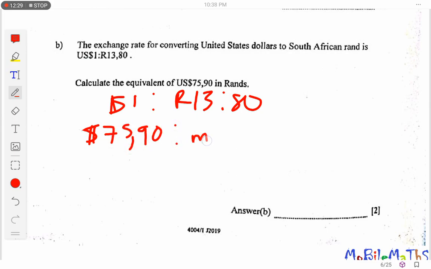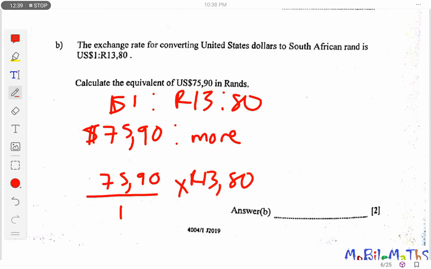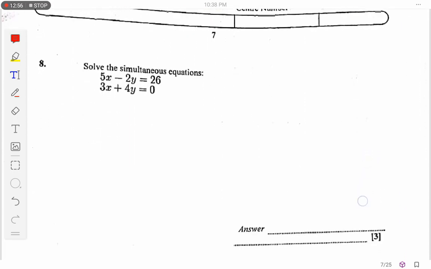This is going to be more, so we can say 75.90 over 1 times 13.80 rands. If we do our multiplication, we will get 1047.42 rands. Okay, let's move on.